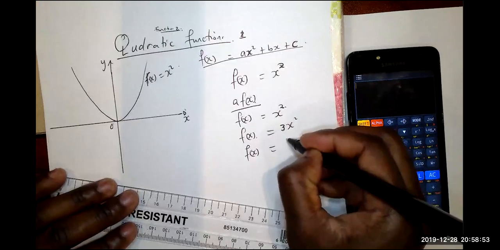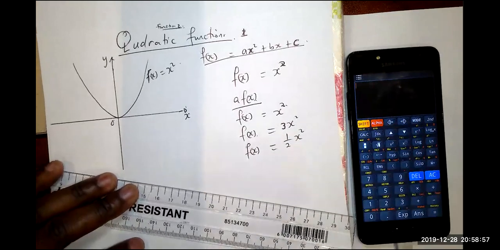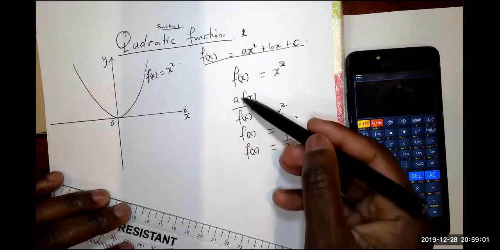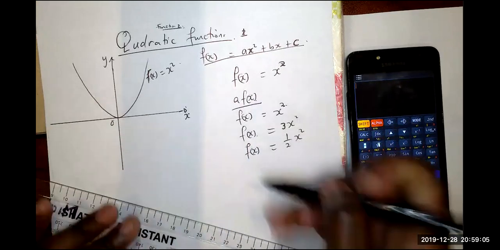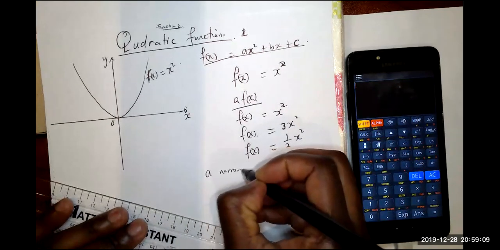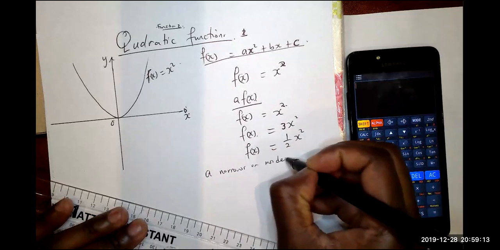Another thing you need to understand is that a also affects the shape. So your a narrows or widens the graph.